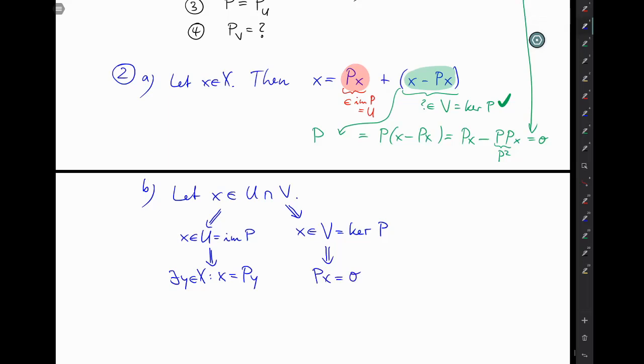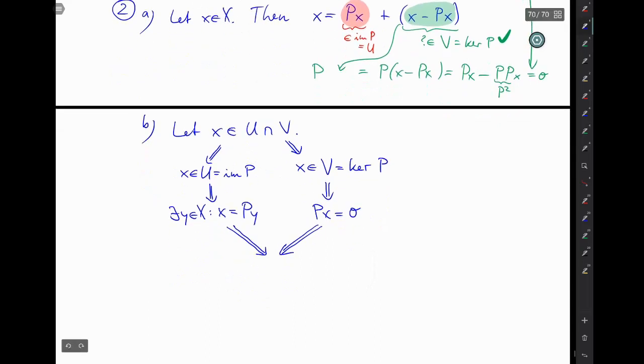Well, if we bring both of these together, then we get that the 0 vector is P of x, but now x can be replaced by P of y, which gives you P squared of y. But now again, by our projector property, P squared equals P, this is just P applied to y.